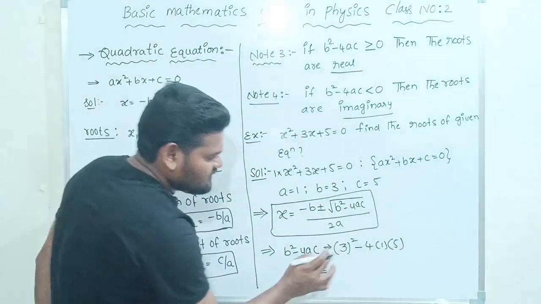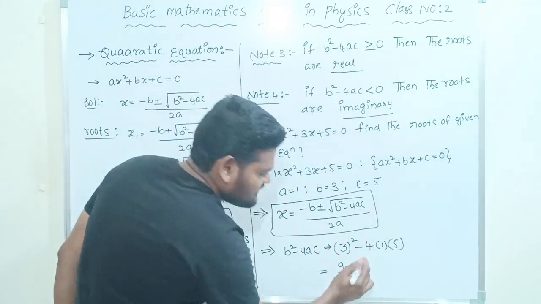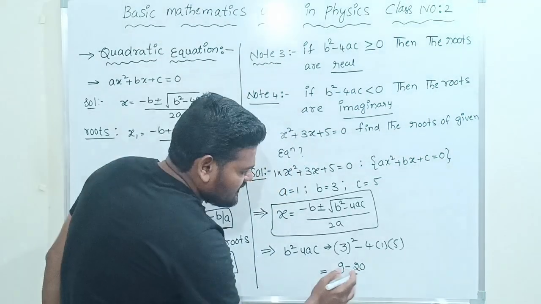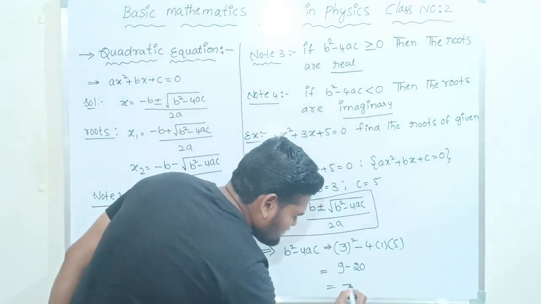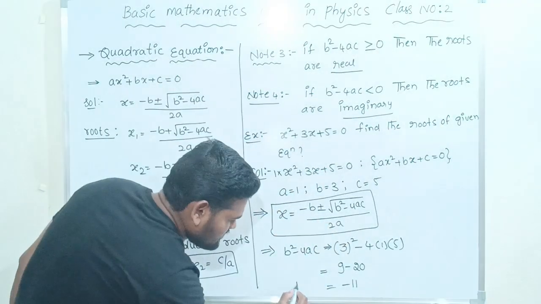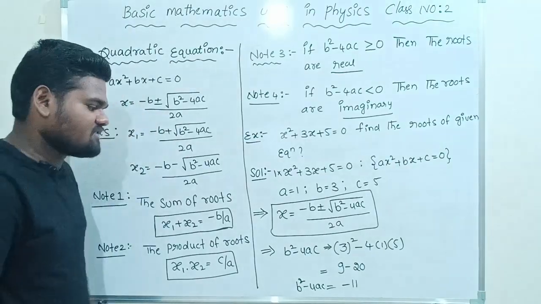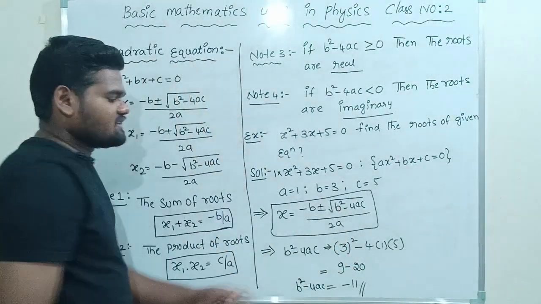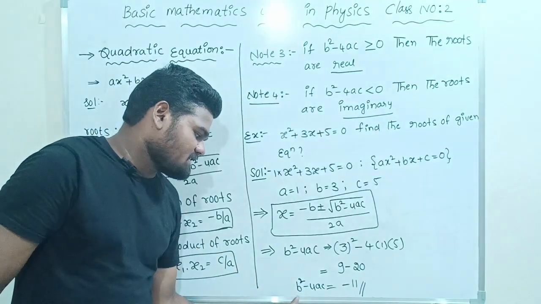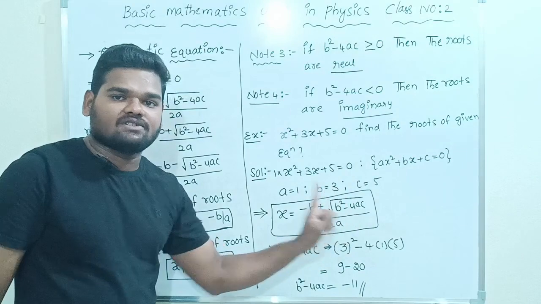Then it is equal to 3 square, 3 3s are 9, minus 4 5s are 20. 9 minus 20 means what? Minus 11. So b square minus 4ac is equal to minus 11. We got this, just substitute in the equation. So in the place of b square minus 4ac, we put minus 11 under root.